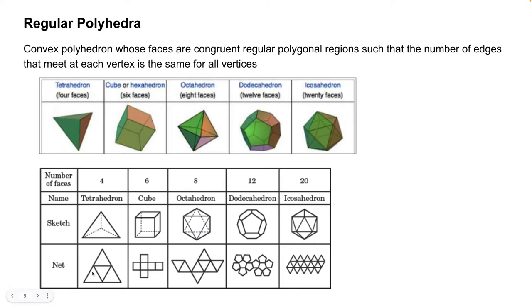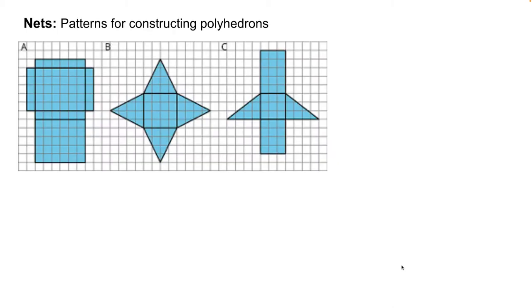And they are all regular polygons. So you can see all of these squares are regular and they are congruent. Same for these, right? Okay, so we can talk about the number of faces and their names and their sketch and the net of each regular polyhedron.